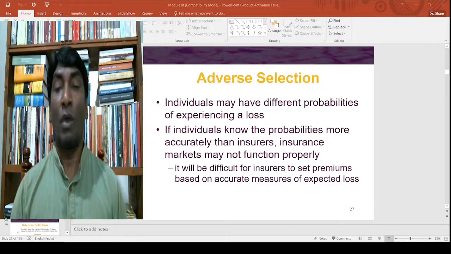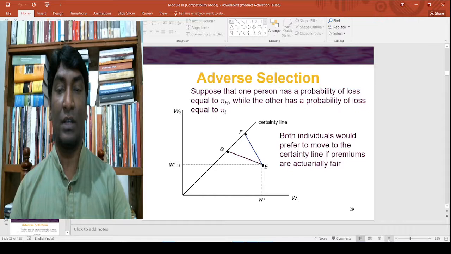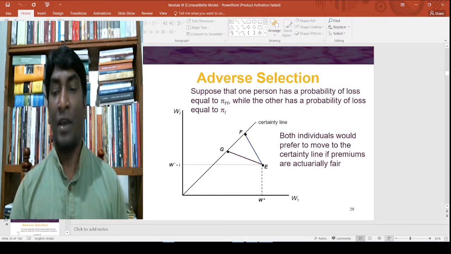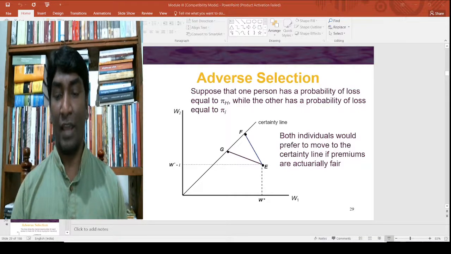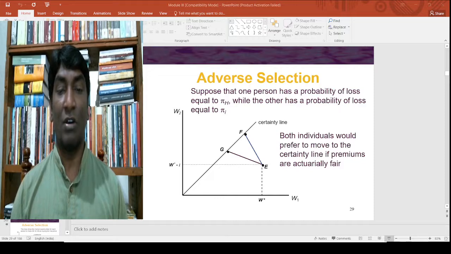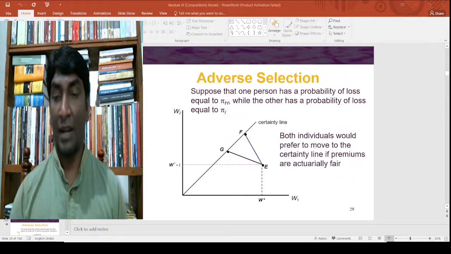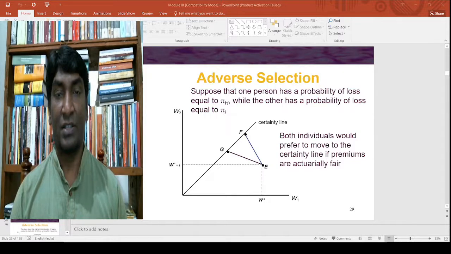Suppose one person has a probability of loss equal to pi h, while the other has a probability of loss pi l. If you look into the graph carefully, on the certainty line you may have 2 points, that is G and F. Both individuals will prefer to move to the certainty line if premiums are fair.